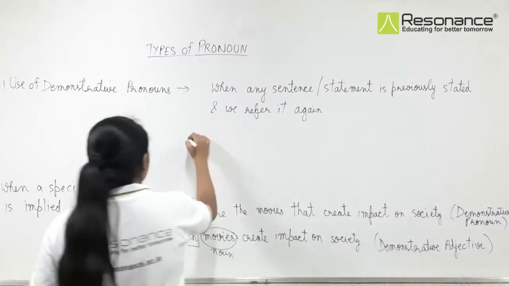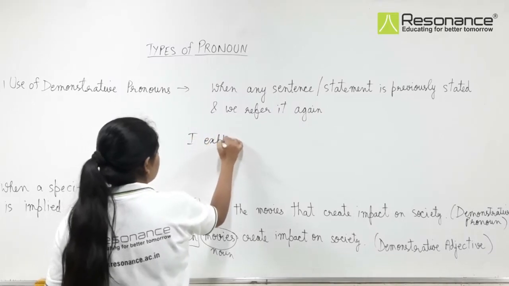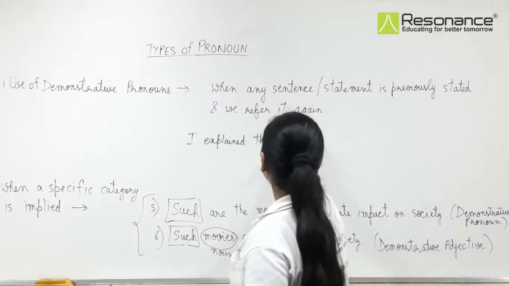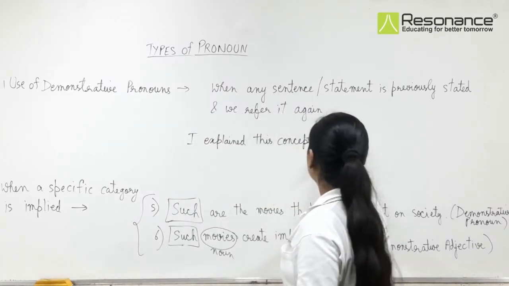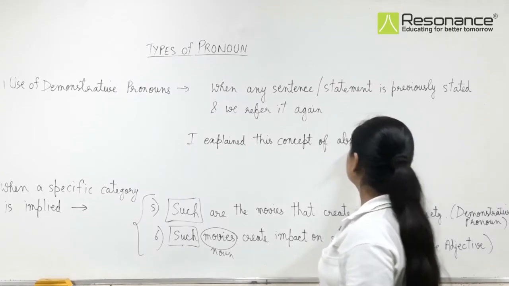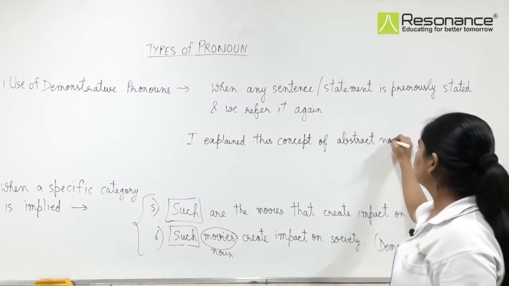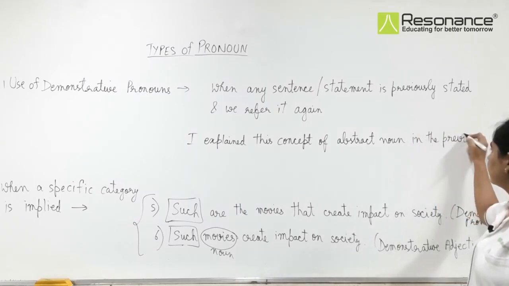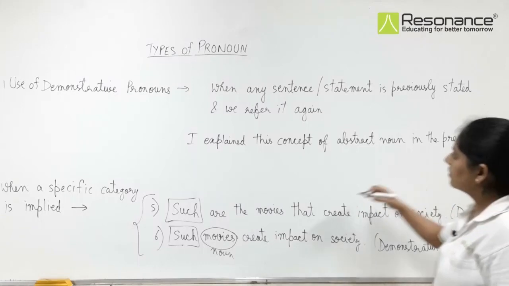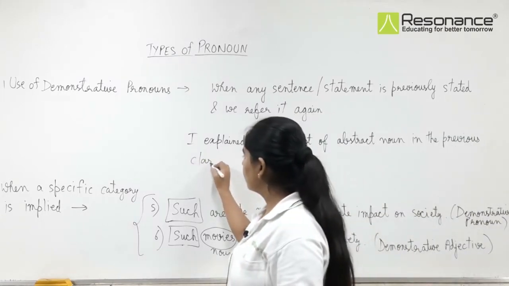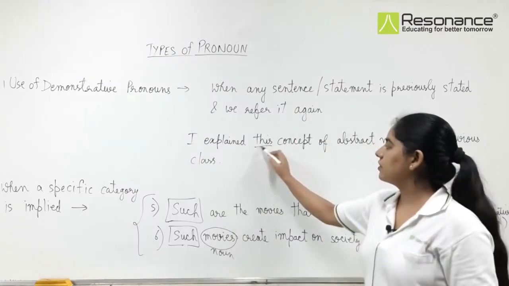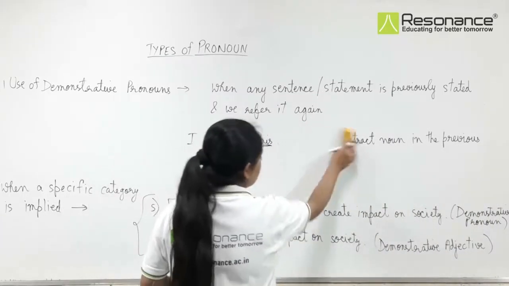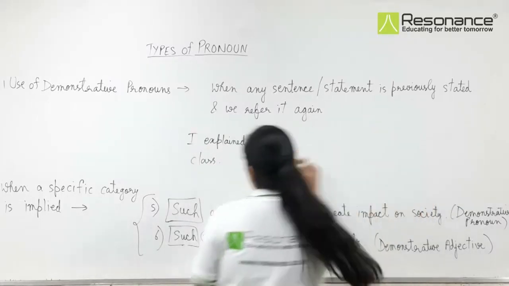I will say I explained this concept of abstract nouns in the previous sessions. Now I have used this here, or you can simply say I explained this in the previous class.